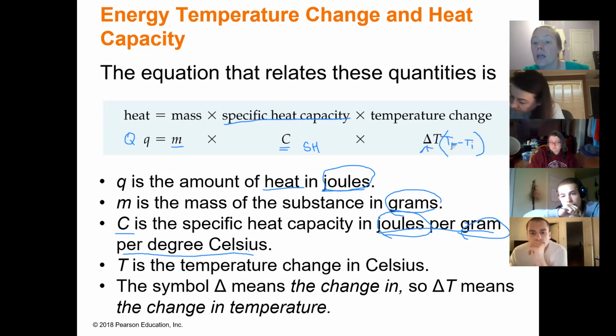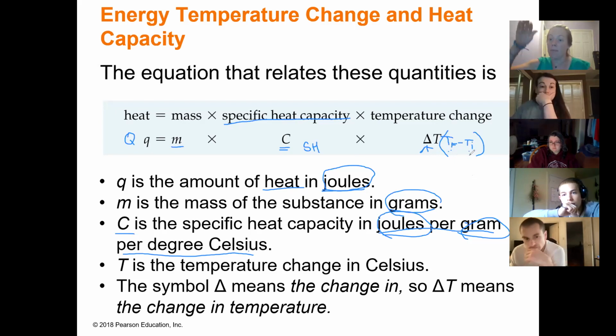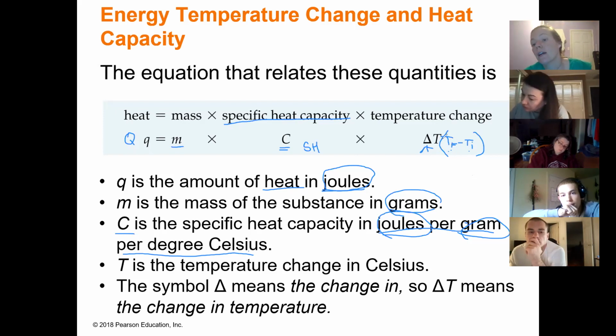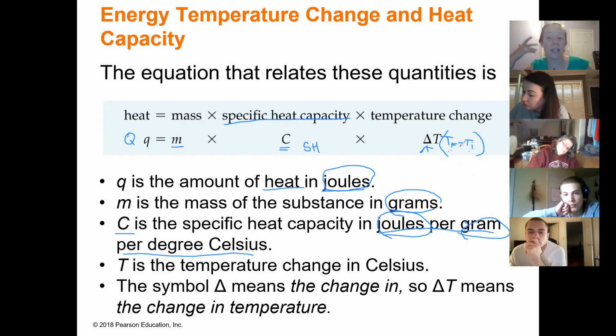Other things to note, final temperature minus initial temperature. That means if your final temperature is bigger than your initial temperature, the thing went up in temperature, it got hotter. This will be a positive value. It means your Q is positive. It means that it's absorbed heat. It's gotten warmer. If your final temperature is lower than your initial temperature, so the thing got colder, that means it's released heat.